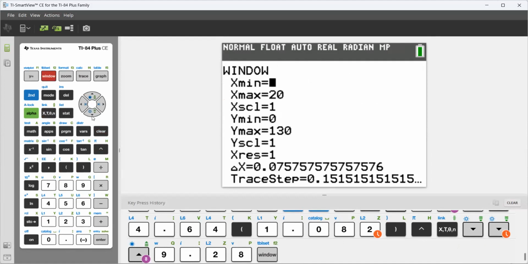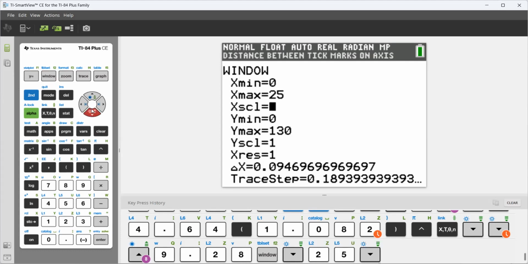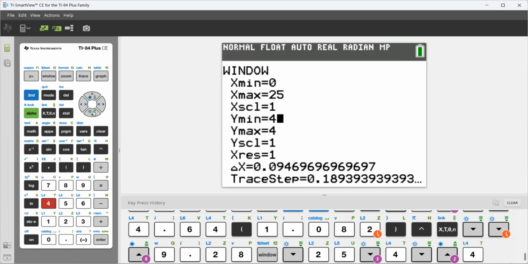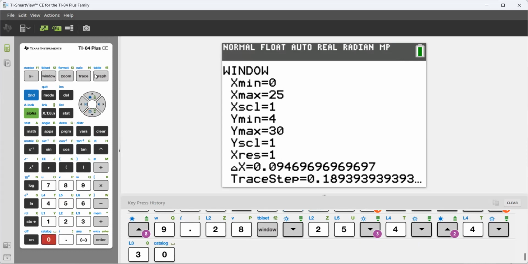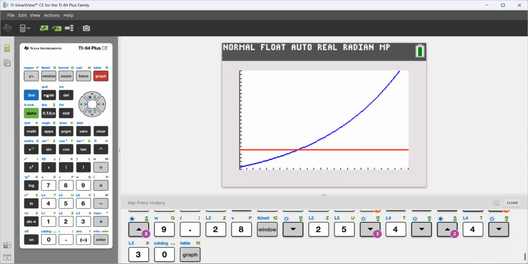So we have 0 to 20, but we're going to increase that to 0 to 25. And then remember the initial value, the lowest value is 4.63. So we're going to do 4, 2, 4, 2, 30. And we're going to go to graph.